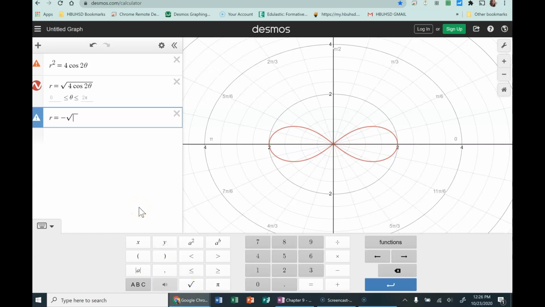A negative radius is just saying that we are going in the opposite direction. Whether I put positive or negative, they're exactly the same.